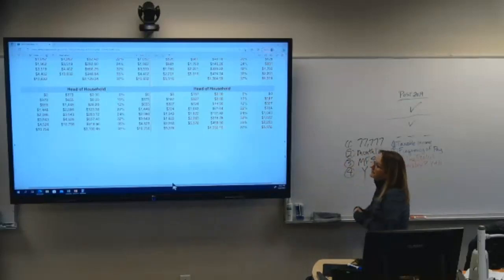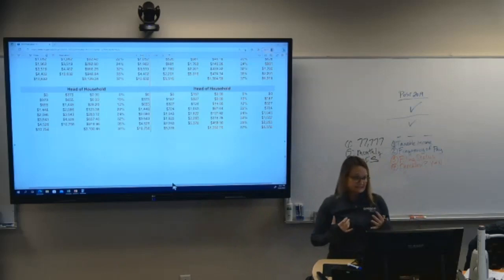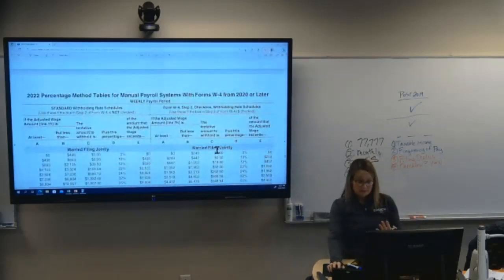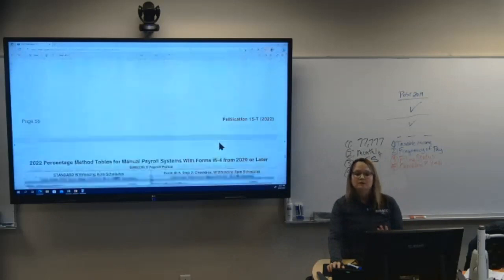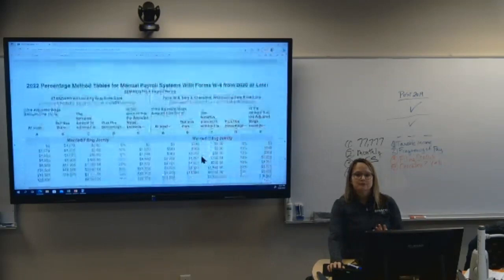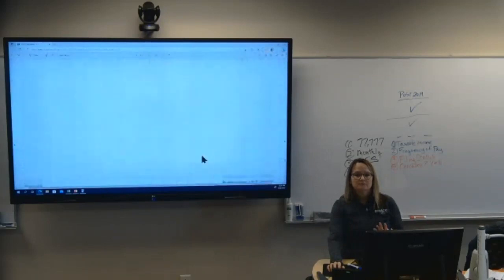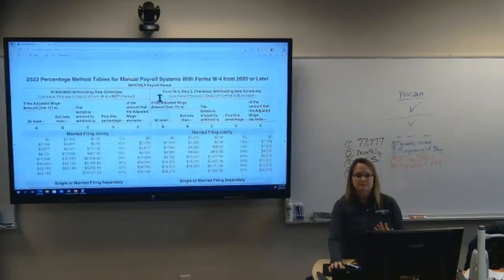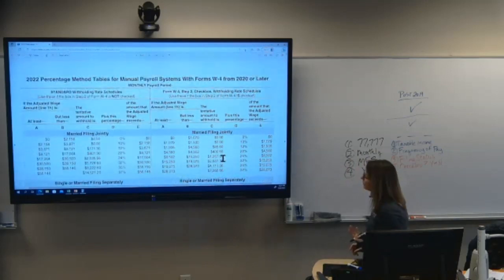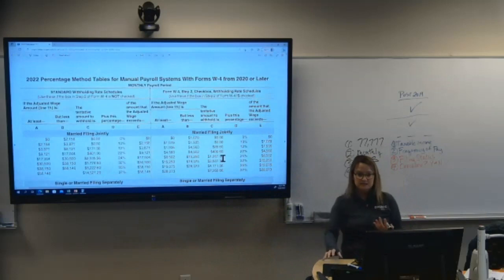Okay, so again, first thing we want to do is find the table that we are going to work with. So this is monthly pay, so we are going to find the monthly tables. Okay, here's semi-monthly, there's monthly, right up there. I wish they would make this bigger. It's so tiny, so it's easy to overlook. Now we're going to find the filing status.